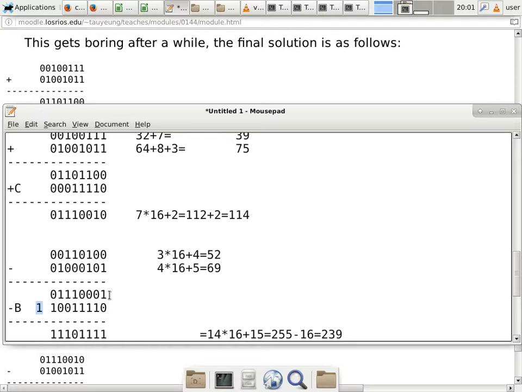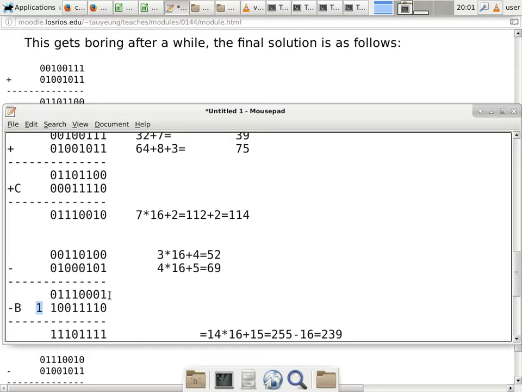Let's count: 2 to the power of 0, 1, 2, 3, 4, 5, 6, 7. This is 2 to the power of 8. In other words, we just borrowed a 2 to the power of 8 to finish the subtraction. What is 2 to the power of 8?